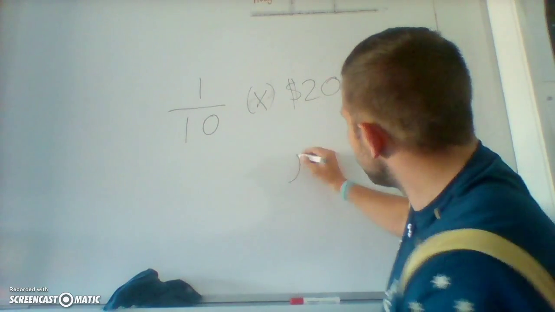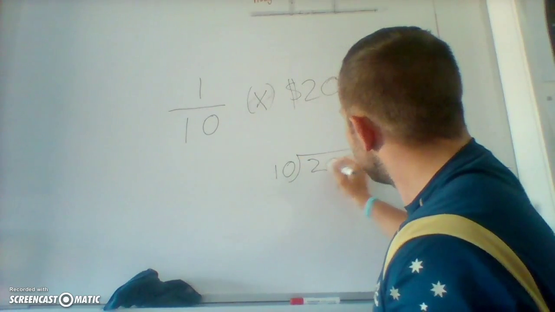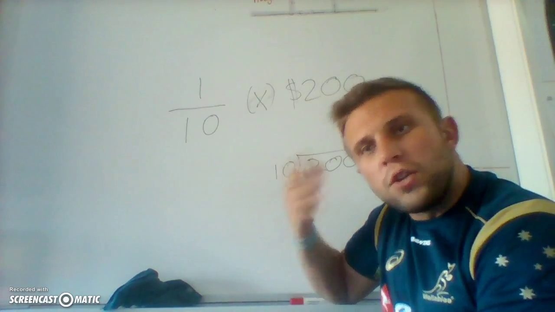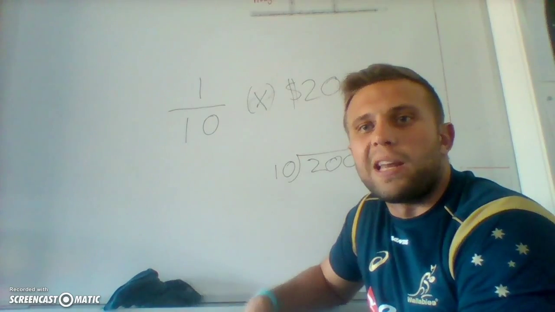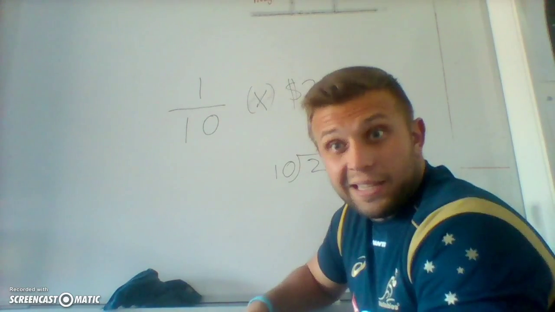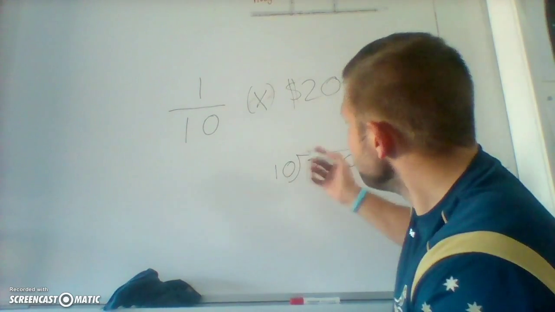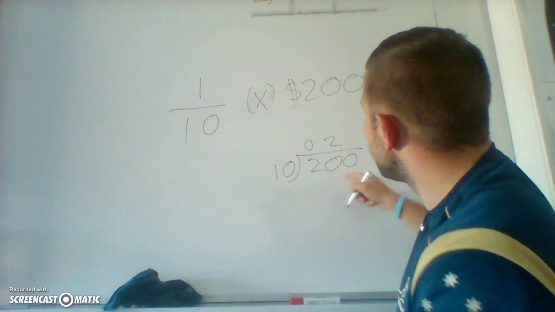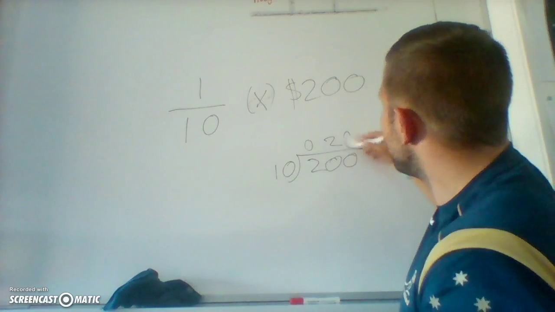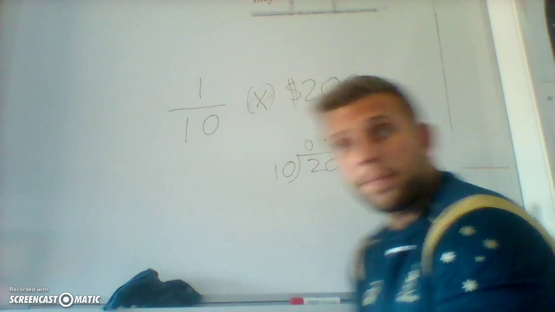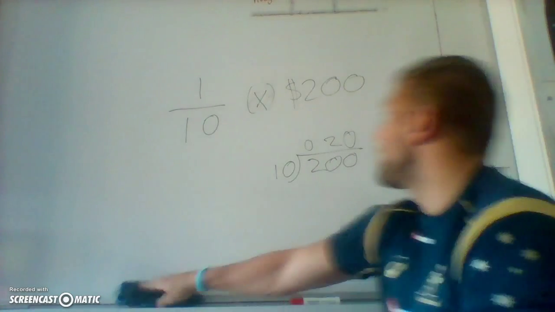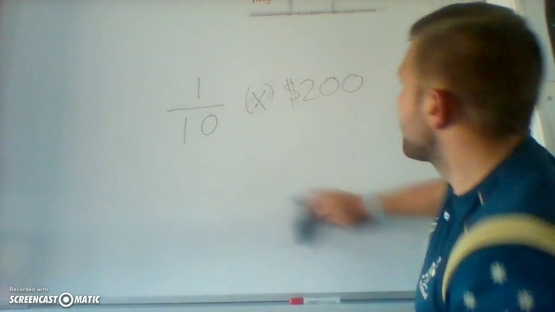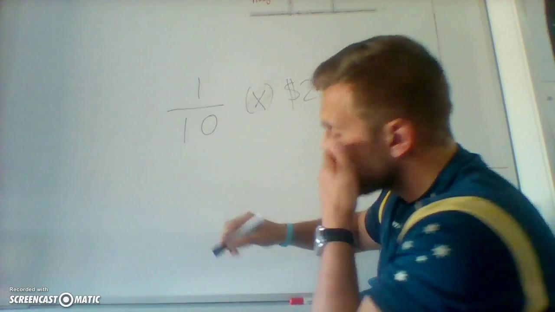Now, to do this, obviously some of us may need to write it down, but we can use mental strategies on our own. I say it's 20, because 10 into 2 goes 0, 10 into 20 goes twice, 10 into 0 is 0. So we've got our answer, 20.